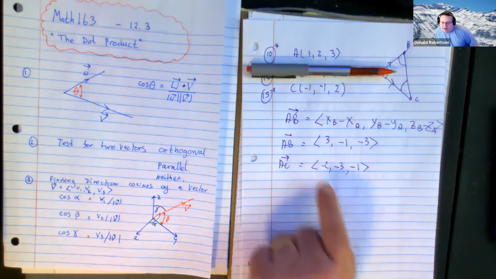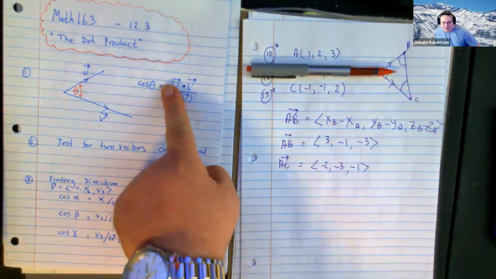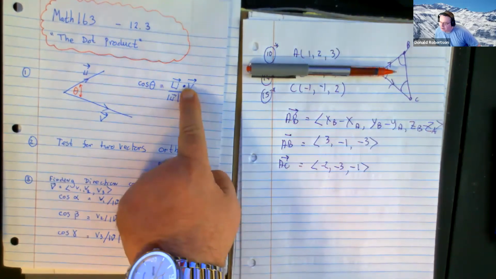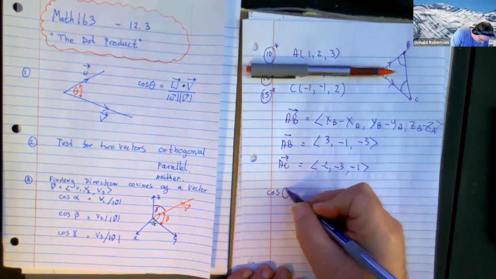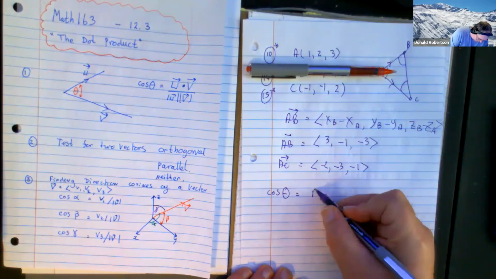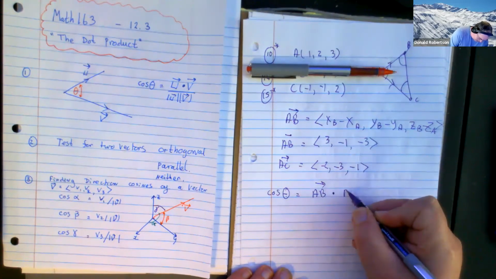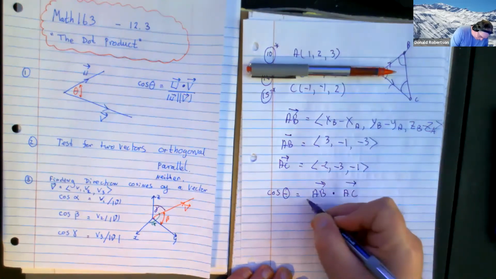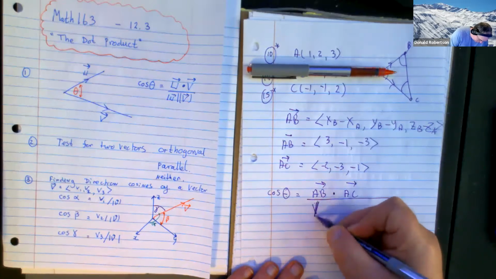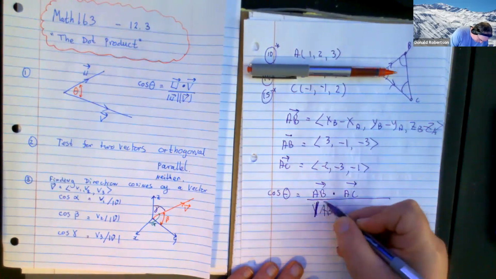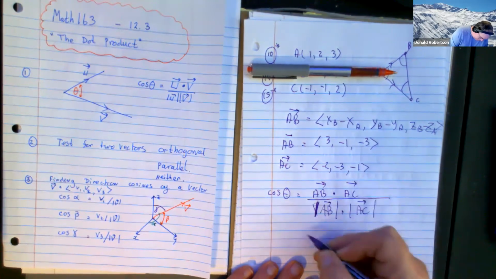Now, isn't that like U and V? That's like AB and that's like AC. So I can use the dot product formula, which says the cosine of the angle in between is the dot product of the 2 vectors divided by the magnitude of the vector AB times the magnitude of the vector AC.